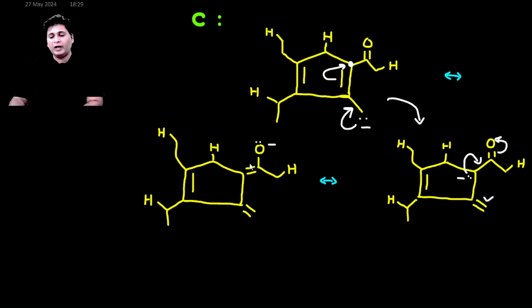So you see, a new pi bond has been created, and oxygen now gets a minus charge and a lone pair. So you have seen, after taking the hydrogen C out as H plus, an anion has been formed.